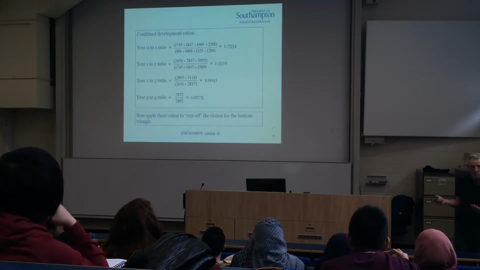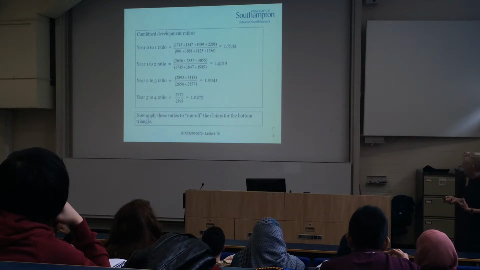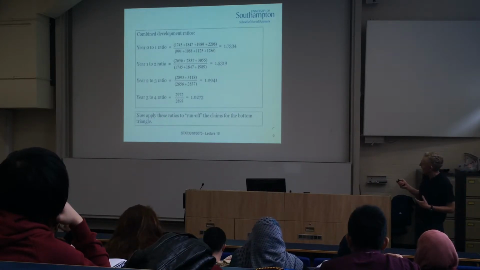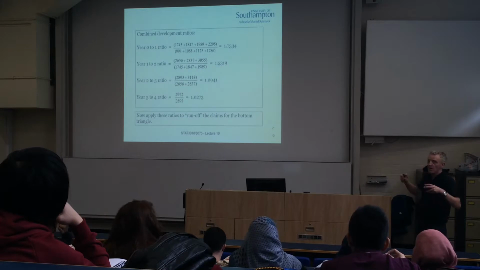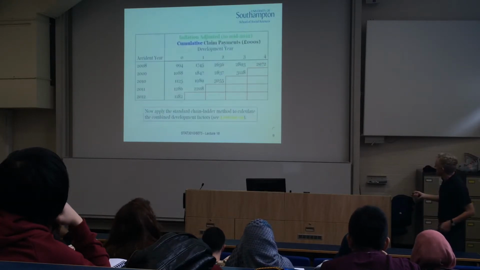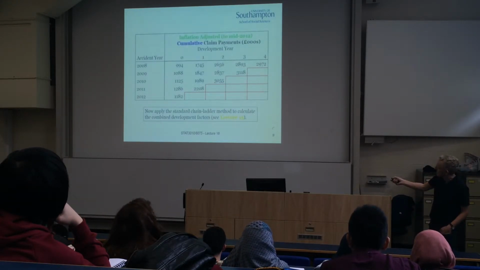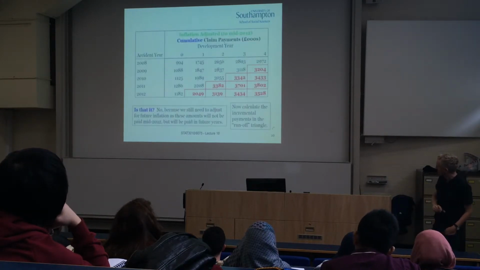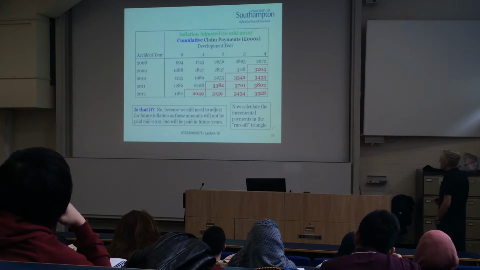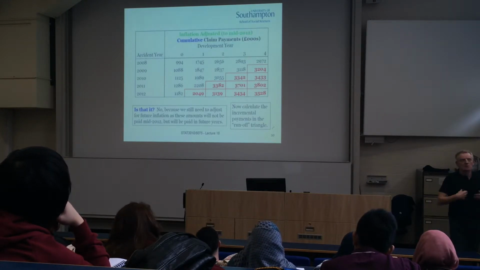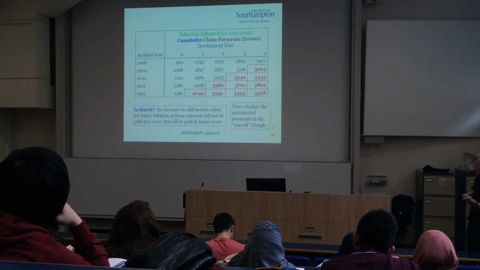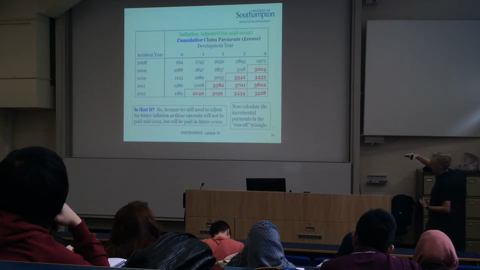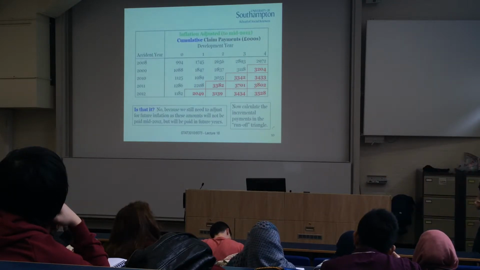Multiplying by 1.0273 will give you the predicted claims payments by the end of development year 4 for accidents that happened in 2009, and so on. So the red numbers are now predicted cumulative totals into the future for the different accident or origin years.